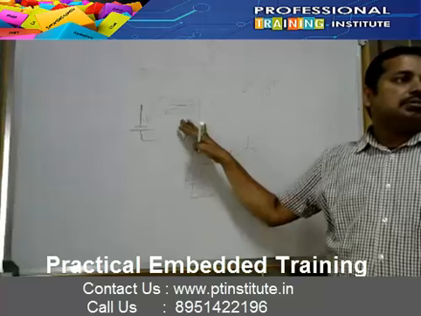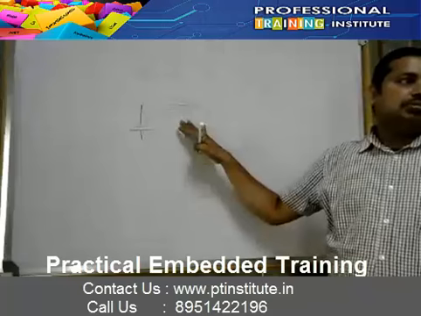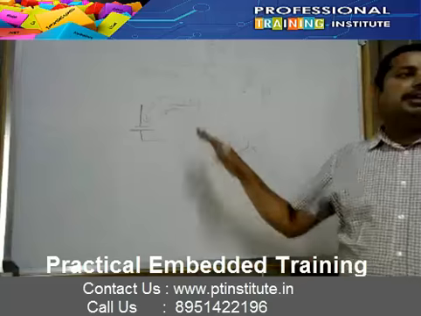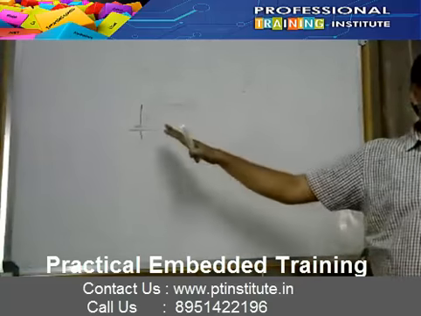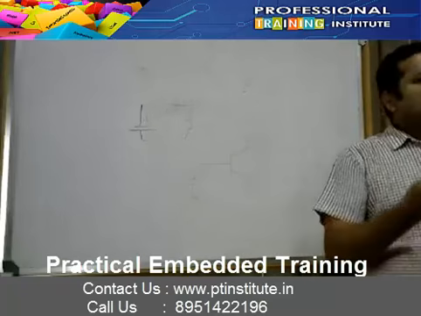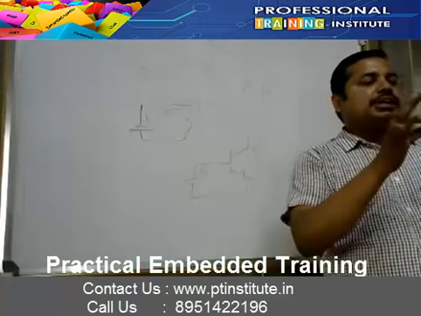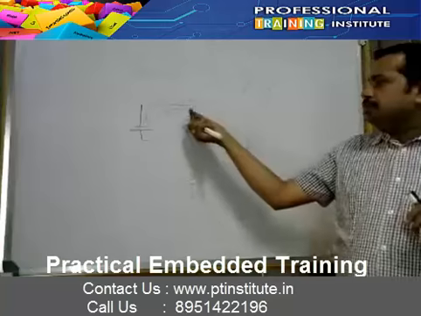What do you say? Zero means no voltage. Reverse bias, open circuit. Yeah, it may not be reverse bias, but it will not conduct. If it is not conducting, then it's open. If it's conducting, then it's connected. Making sense? So this is open.